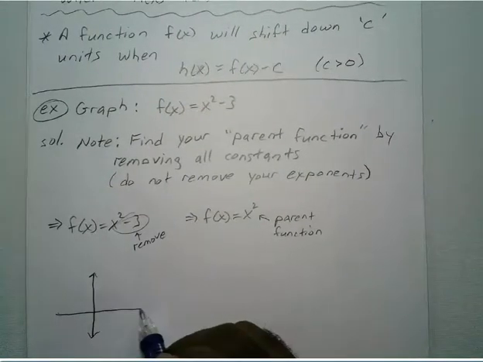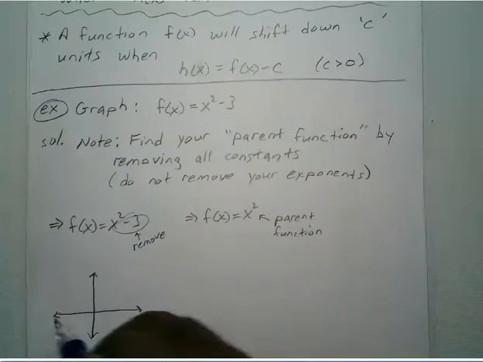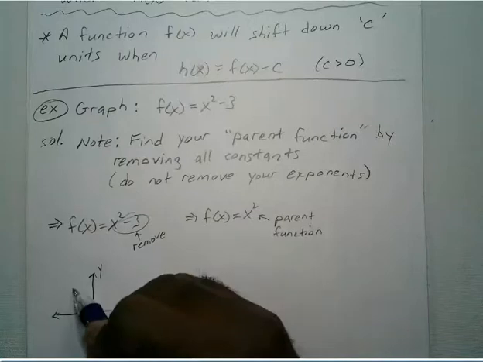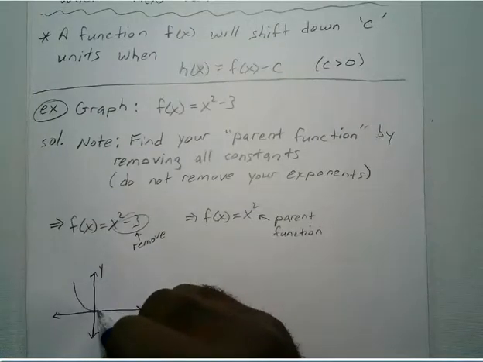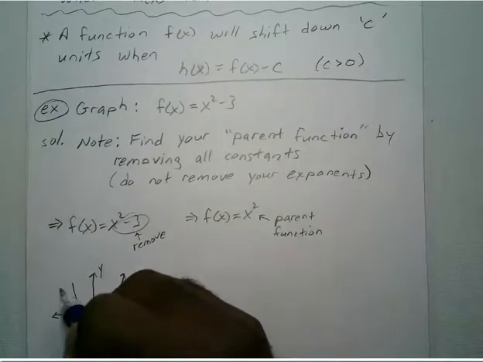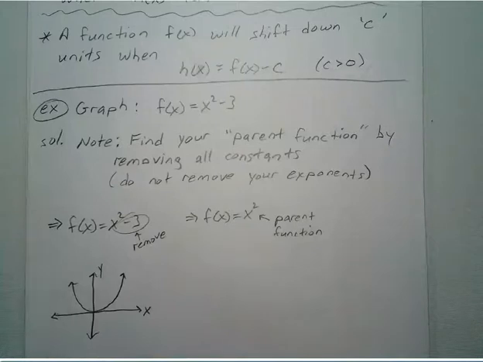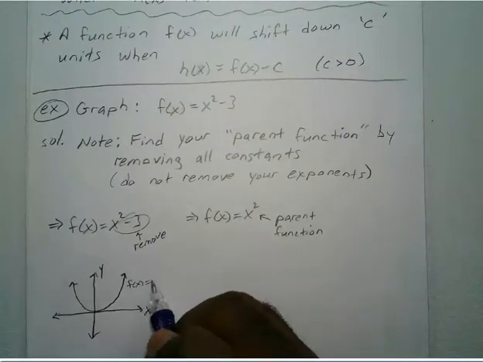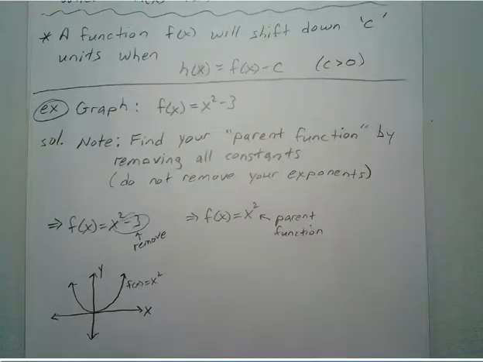Okay, so if we draw our parent function, we have our x, and we have our y. Our f of x equals x squared looks like that. Okay, so this is f of x equals x squared.